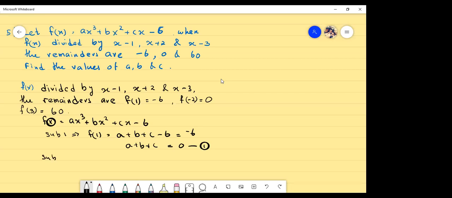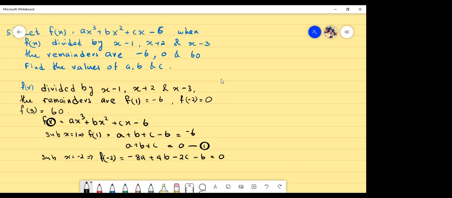Substitute x equal minus 2. f(minus 2) equal minus 8a, plus 4b minus 2c minus 6 equals 0.